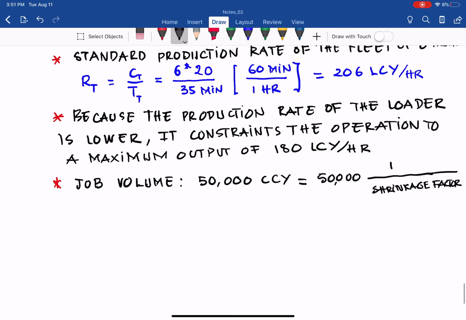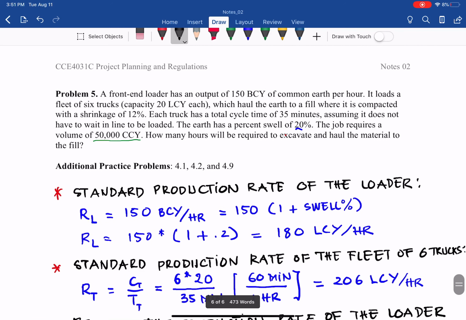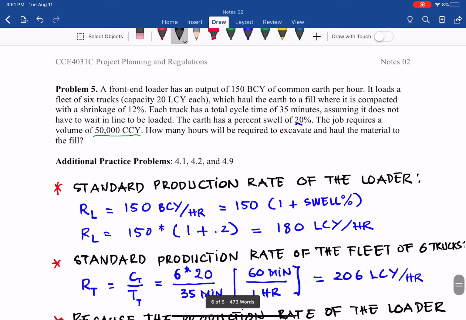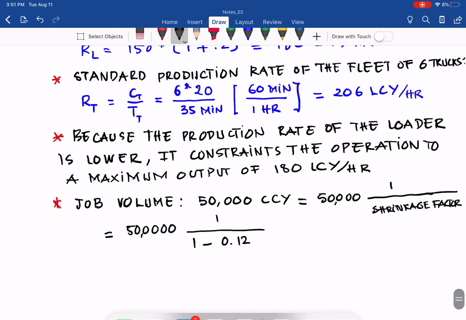So here we have 50,000 over 1 minus the shrinkage percent. The shrinkage percent is 12%, as you can see there. So from that we get 56,818 BCY.